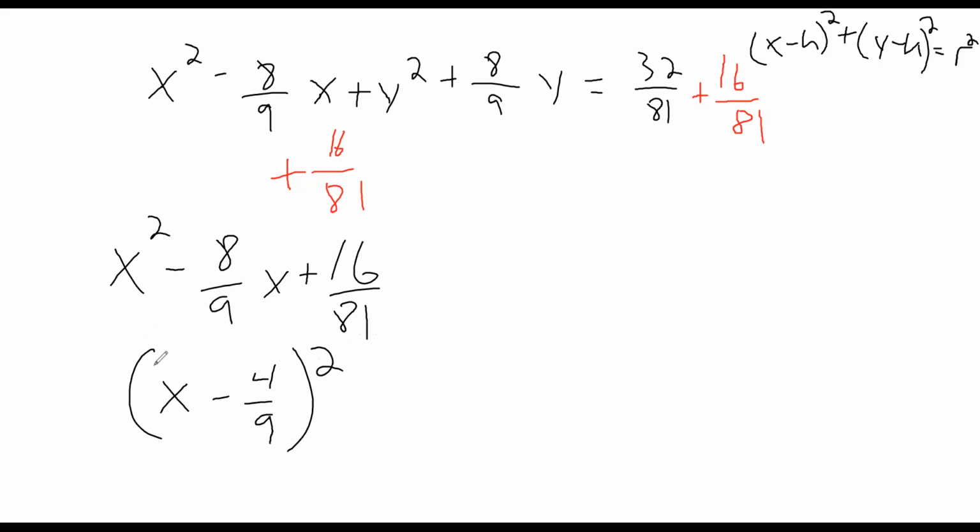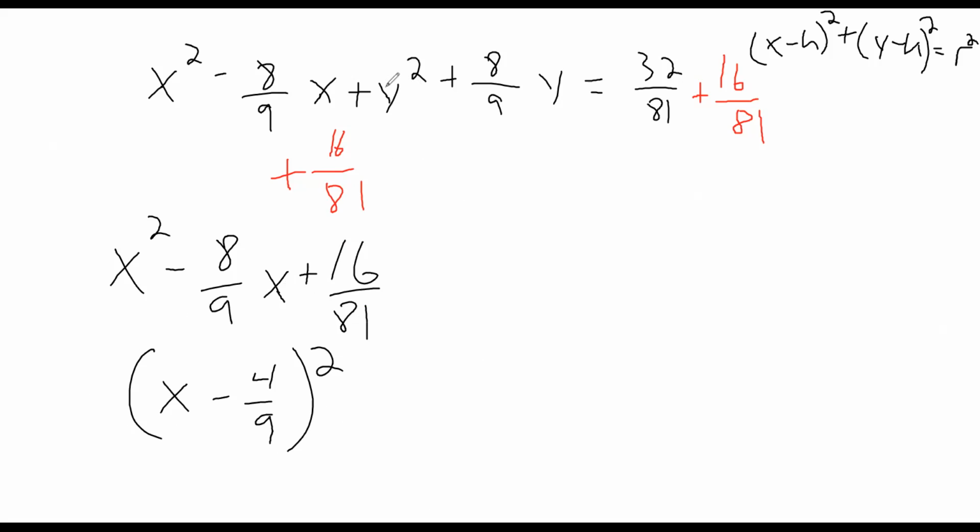It's almost like doing the reverse of squaring a binomial like this out. And so that's our completing the square process. So we'll preview that in just a moment. We also need to complete the square for the y's.